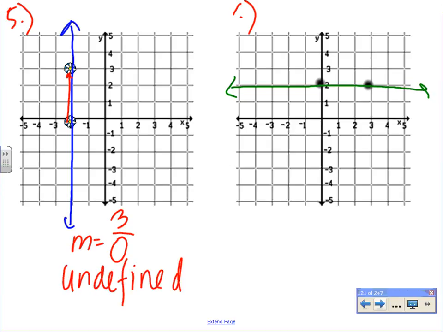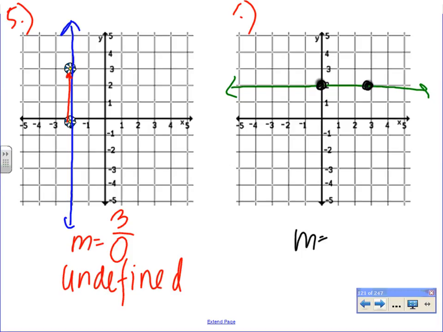Right now, we can't have a 0 in the denominator. If you guys keep on going with math forever and ever, you might start to work with things like that. But we know that we can't do that right now, so the slope is undefined. Can't have a 0 in the denominator. Now this one over here is different. Say I chose this spot, I chose this spot.